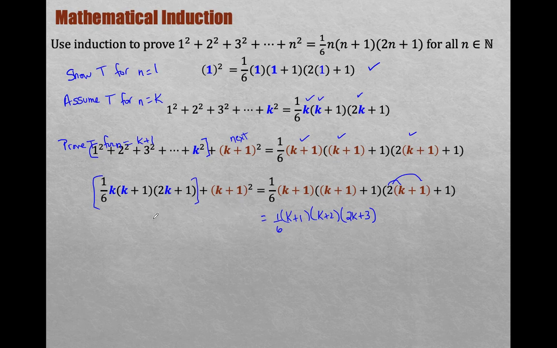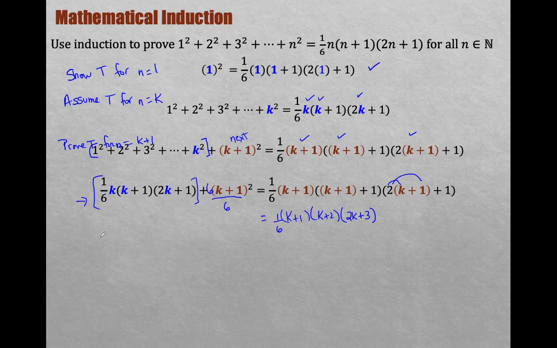And then notice over here that I can kind of already see this has a denominator of 6. This doesn't. And my final result has a denominator of 6 with 3 factors, right? So the first thing I'm going to do is make that with a 6.